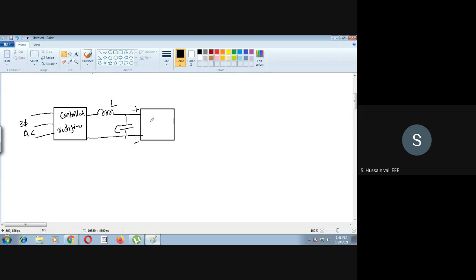Then this is the inverter. Then it will go to the synchronous motor. The output of the inverter goes to the synchronous motor. Now you will take the speed feedback. It is an encoder.